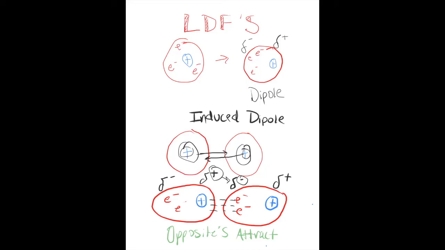That positive charge attracts the negative charge of the other atom's electrons. So that positive charge pulls the electrons of the other atom. And so, yeah, that's what an LDF is. It's that interaction between those partial opposite charges, that partial positive of one and the partial negative of another atom.